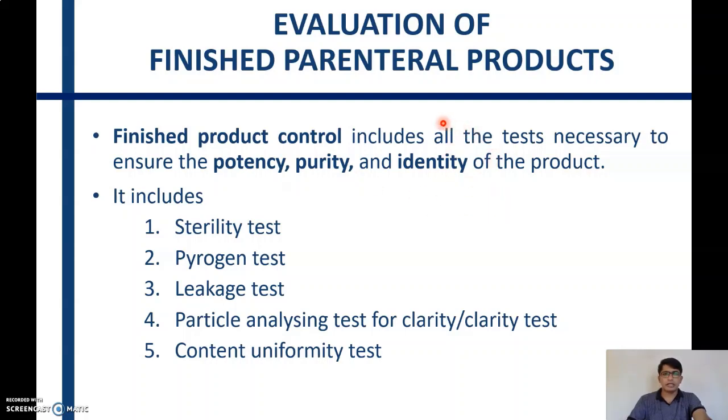The official tests for finished parenteral products are sterility testing, pyrogen test, leakage test, particle analysis test or clarity test, and content uniformity test. This is very important from the examination point of view as well as from the manufacturing point of view as a quality control test for final products. Now let's discuss each method in detail.